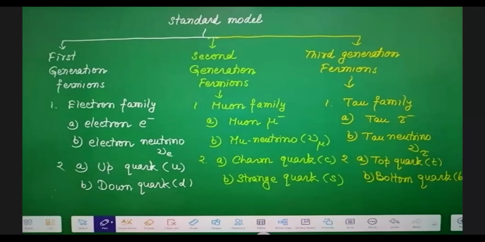These third generation fermions are heavy as compared to first and second generation fermions, and they are less stable.